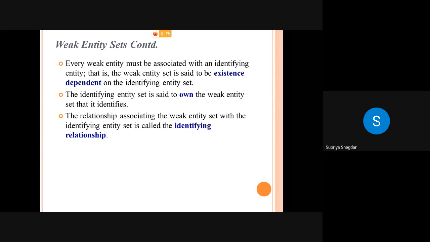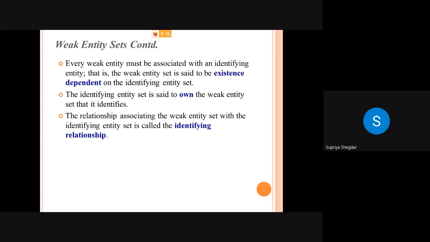Okay, so every weak entity must be associated with an identifying entity, means the weak entity set is always connected with the identifying entity. So the weak entity set is said to be existence dependent on the identifying entity set, because the weak entity set is always dependent on the identifying entity set.